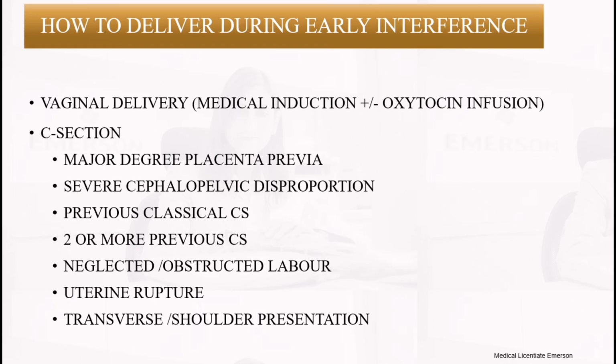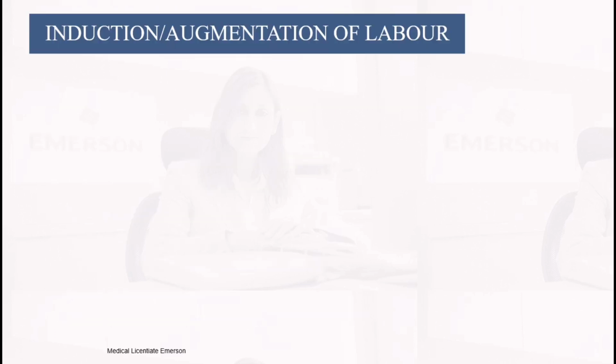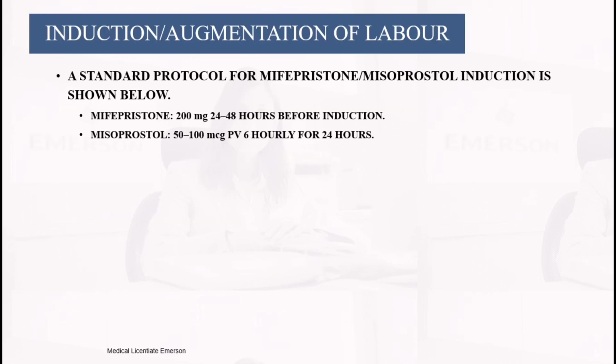Then what would be your indication for C-section? If there is a major degree placenta previa, severe cephalopelvic disproportion, previous classical C-section, 2 or more previous Caesars, neglected or obstructed labor, uterine rupture, or transverse or shoulder presentation, these are for C-section. So in induction or augmentation of labor, what are we going to do? A standard protocol for mifepristone or misoprostol induction is shown below.